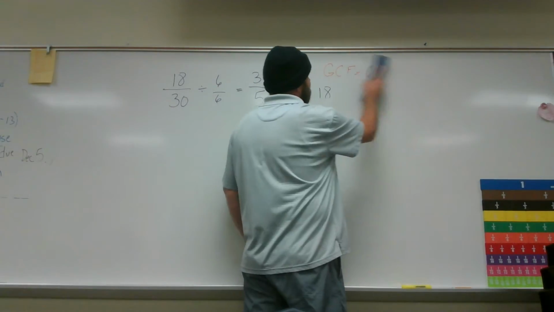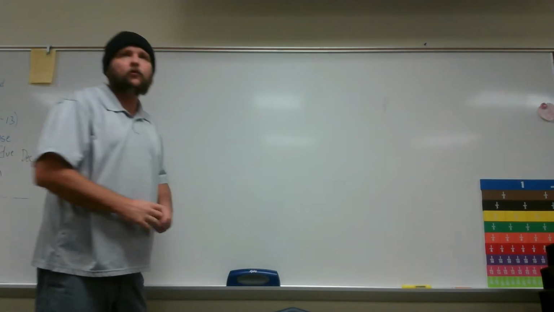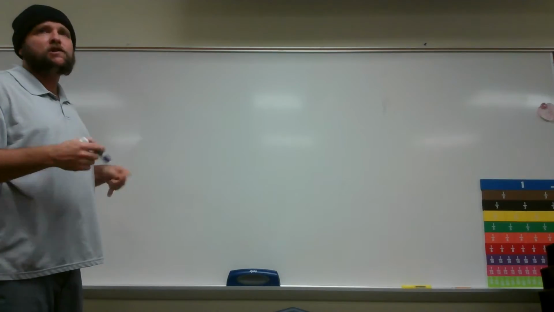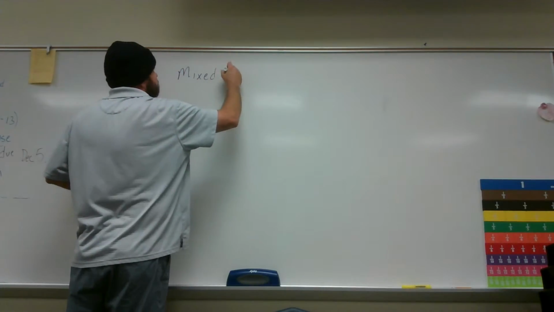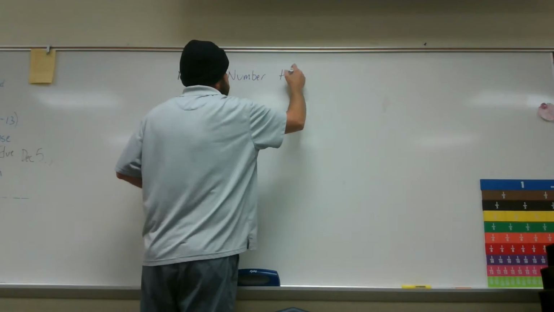All right, let's look at something else, which you should know how to do, but we haven't had to use it this year yet. Let's look at changing from a mixed number to an improper fraction.